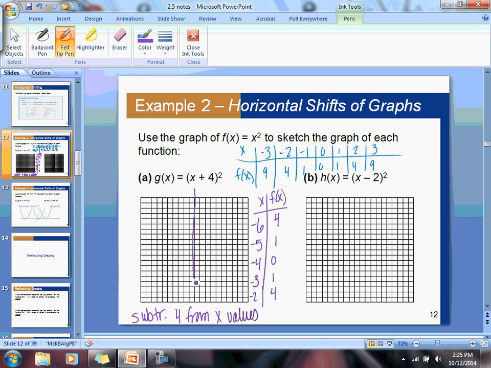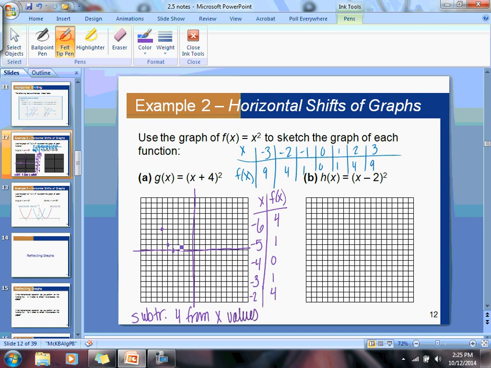Drawing my axes again here. Try and draw them neatly so they stay on the lines. Okay, so now when I graph this parabola, it should be moved 4 units to the left. So I'm going to go negative 1, 2, 3, 4, 5, 6, 1, 2, 3, 4. And then negative 5, 1.